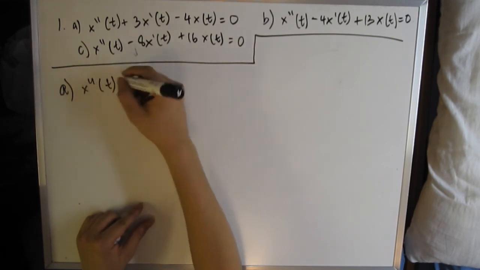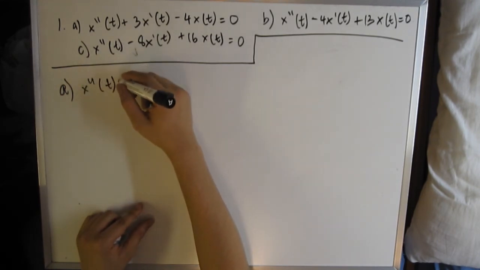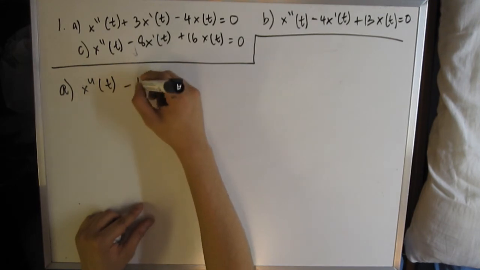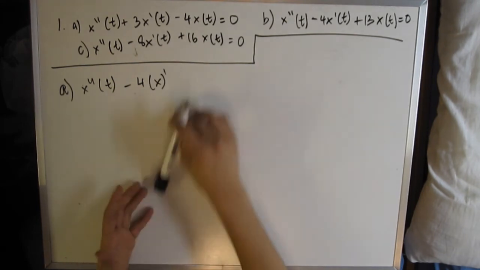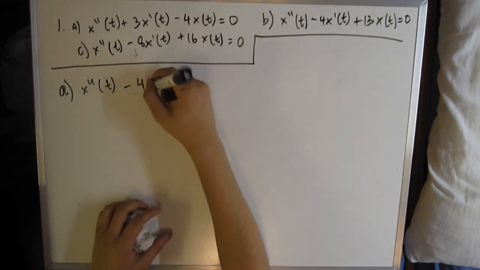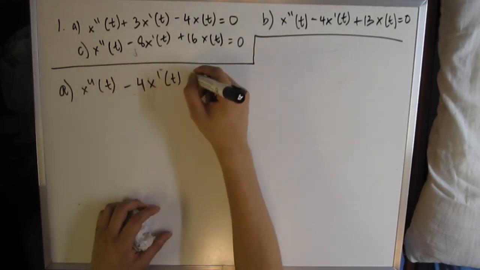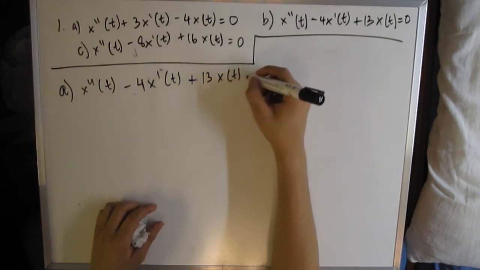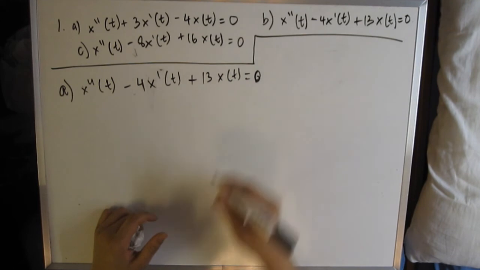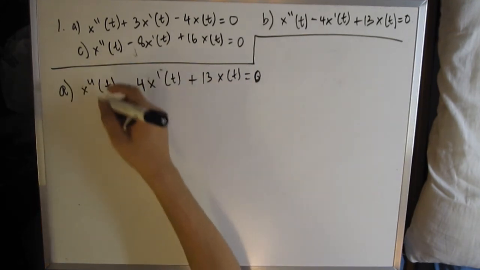So it's the second derivative of x minus 4 times the first derivative of x plus 13 x of t is equal to 0. Now we do the same thing like we did in the first question.